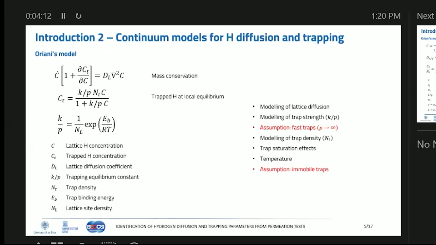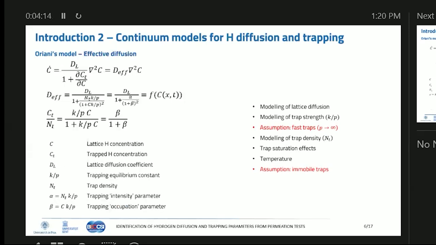And from this, the hydrogen effective diffusion coefficient comes out. This is something which depends on concentration, it depends on time, it depends on position. So it's something that is not terribly easy to model. We have to use models like was shown 2 presentations ago. Another step can be to now assume low trap occupancy.